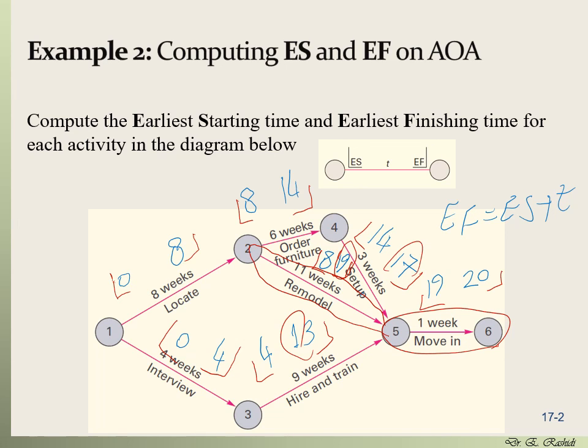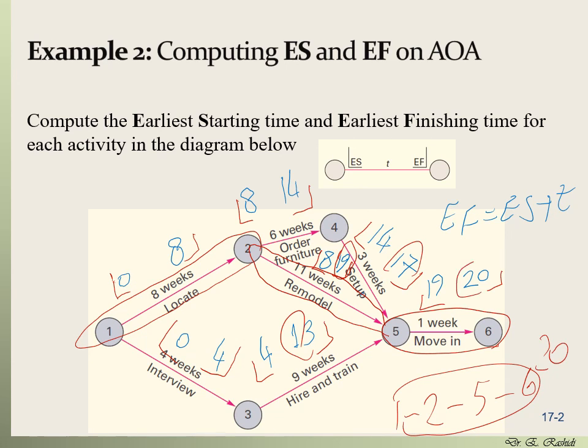So we're going to go with 19 as the largest. And then from there, we're going to go with this. So the critical path is 1 to 2, 2 to 5, and 5 to 6. And the length of the critical path is 20, which is also the length of the project. So the length of the critical path is 20, and that's the length of the project.